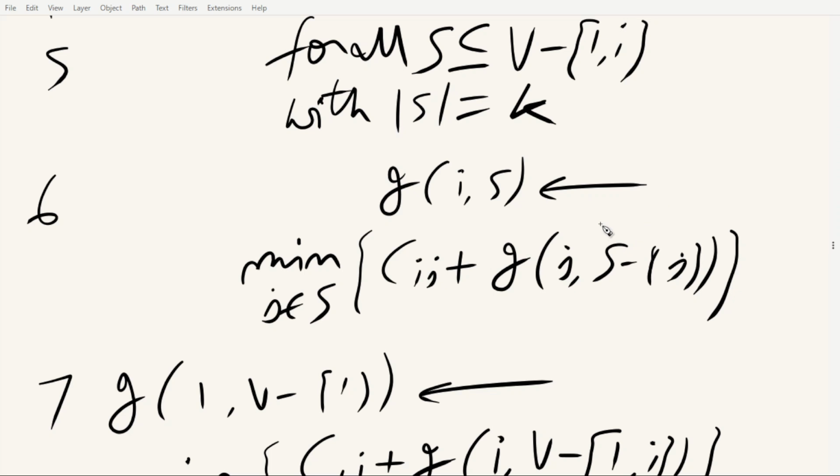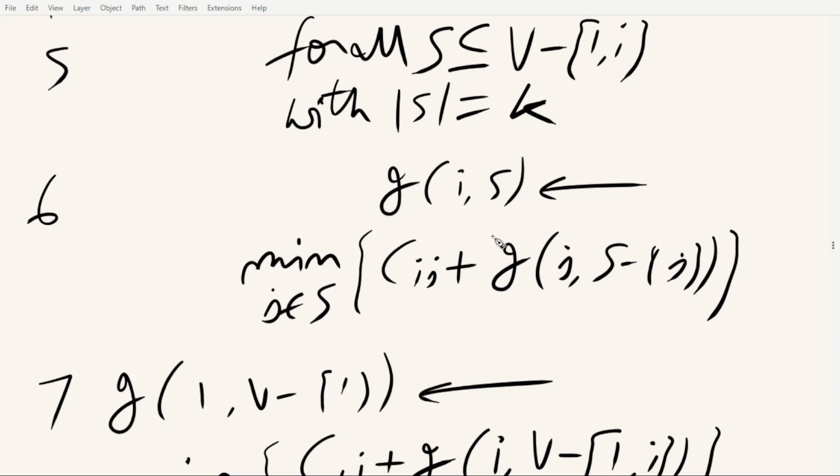We consult this, and this is given as the input. We consult these two values and then add them k number of times, because the size of the set S is k, and then we find the minimum.